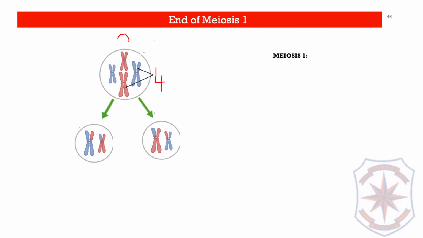Remember, whatever number we begin with is diploid. And then whatever number we end with after meiosis 1 and meiosis 2 will be haploid. So we started off with a mother cell containing a diploid number of chromosomes of 4. After meiosis 1, we reduced the number of chromosomes into 2 chromosomes each.